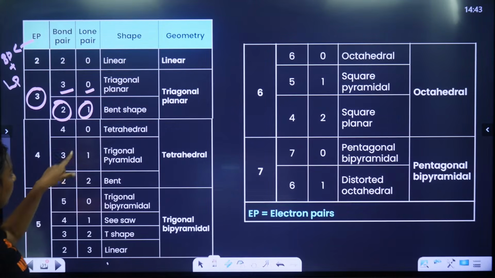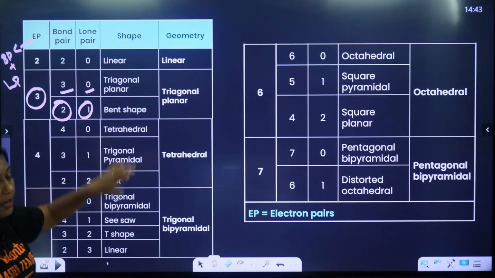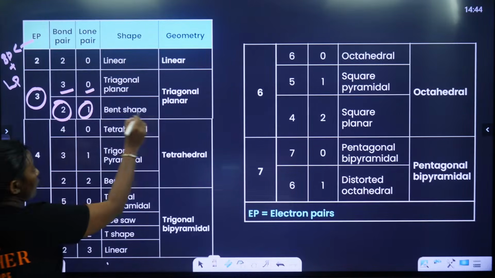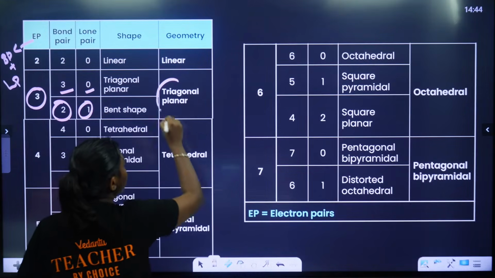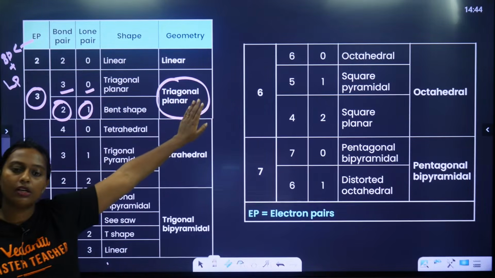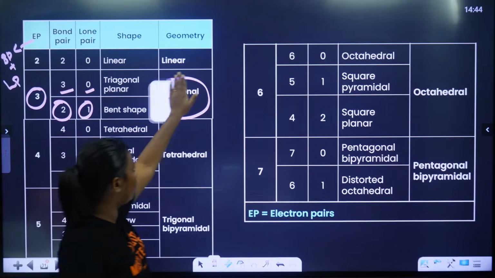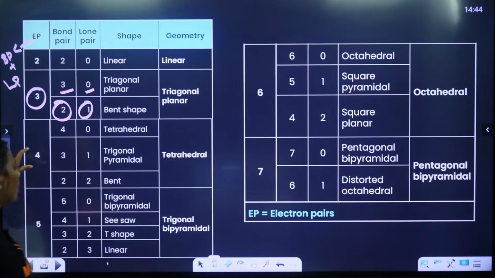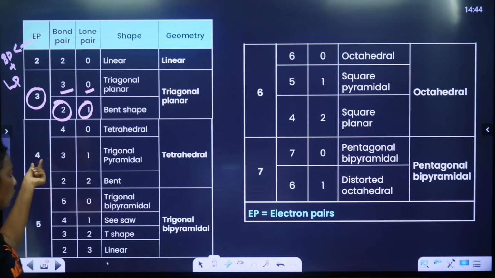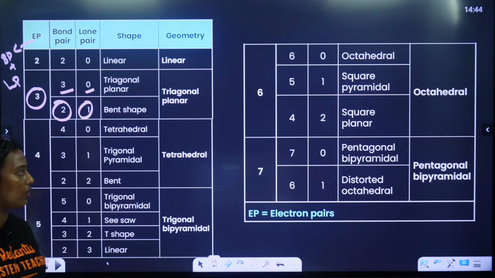Then what will happen? It is a bent shape. Bent shape means the geometry is the same as EP 3, which is always trigonal planar. When EP, the electron pair, is 4, the geometry is always tetrahedral.